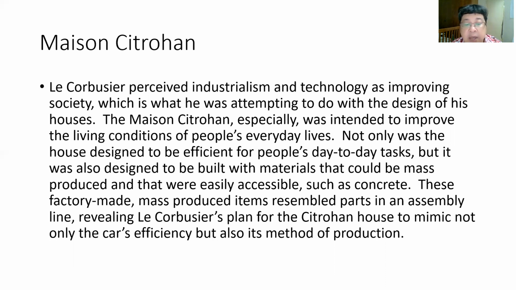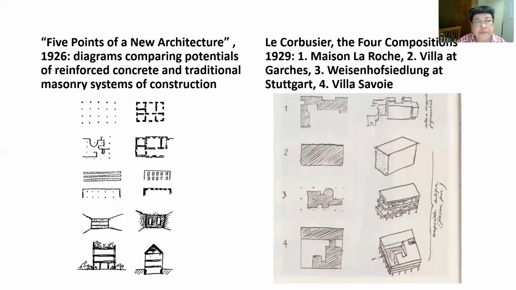These factory-made, mass-produced items resemble parts in an assembly line, revealing Le Corbusier's plan for the Citrohan house to mimic not only the cost efficiency, but also its method of production. This led to the 5 points of a new architecture in 1926, where the diagrams compared potentials of reinforced concrete as opposed to the traditional masonry system of construction.